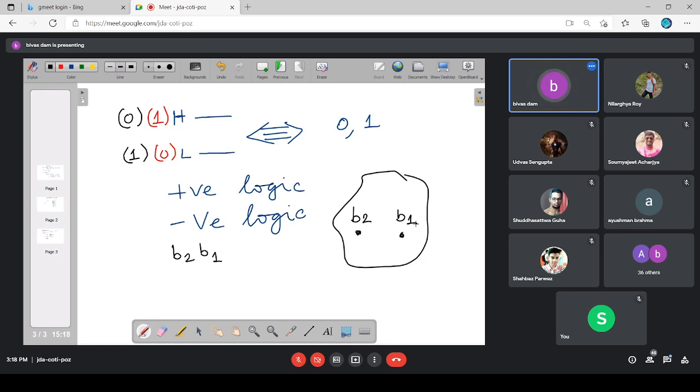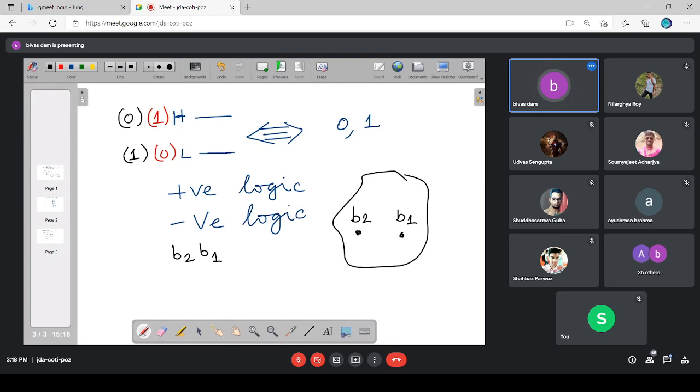So physically, B2, B1 or all the bits must be coming from different electrical nodes. They may be voltage levels, they may be current levels, or whichever physical parameter you assume. Though in the logic domain they have 0 and 1 values, in the physical domain they have voltage levels coming from different electrical nodes.